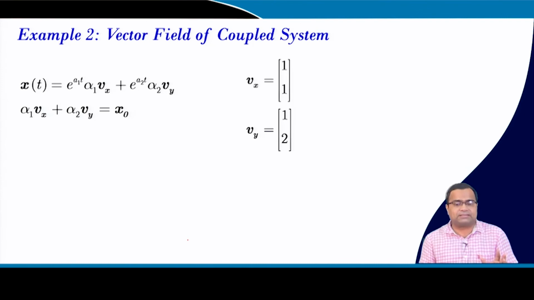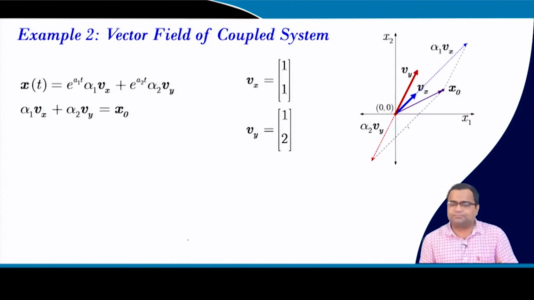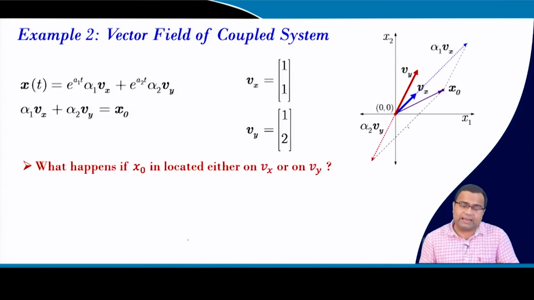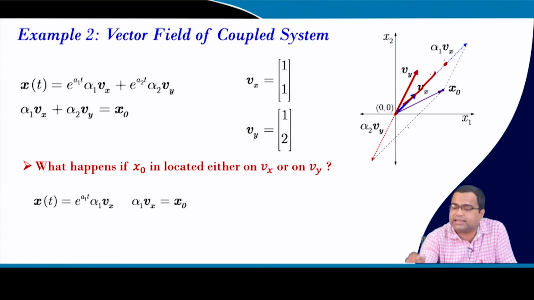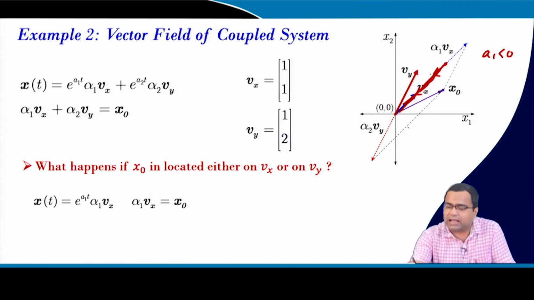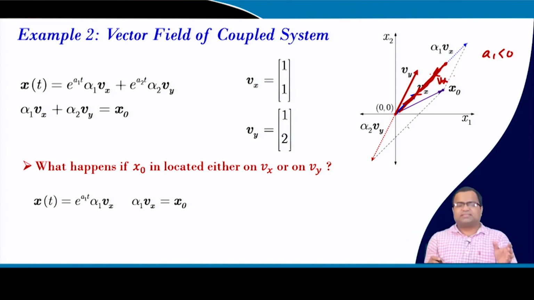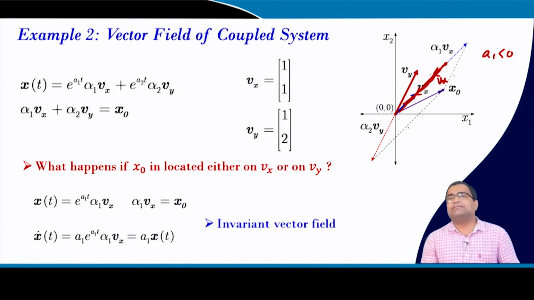Now if you take a coupled system, we have taken two vectors, right. Again, if we take any initial condition on any of these vectors, suppose we took the initial condition here, then if a1 is less than 0, this point will move along this line, it will not come out of this line, and it will slowly approach the origin, and this is my vector direction Vx. Again it is an invariant vector field.